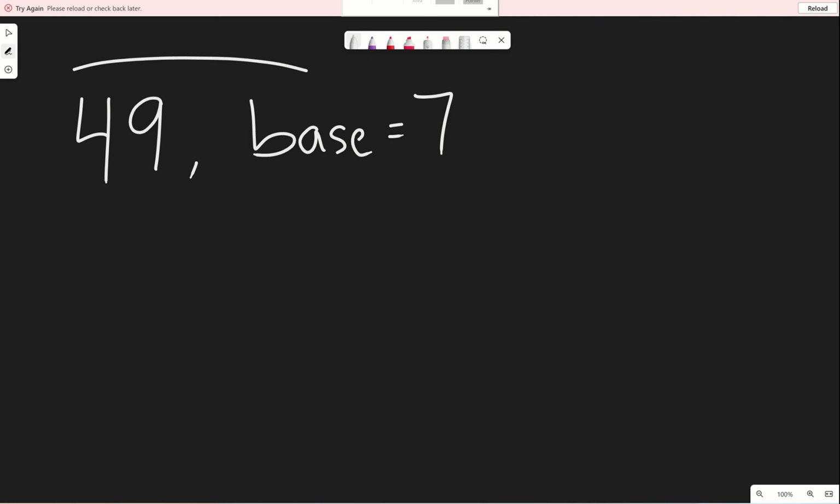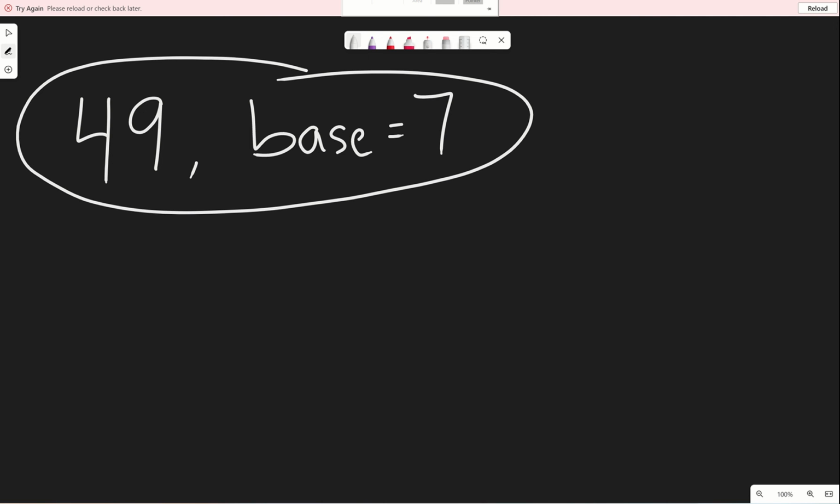What little number up here will make this true? I want to say 7 to the power of what equals 49?